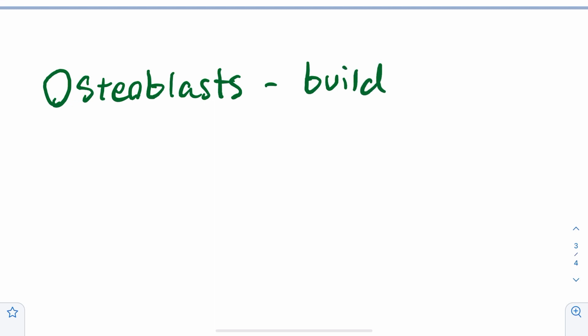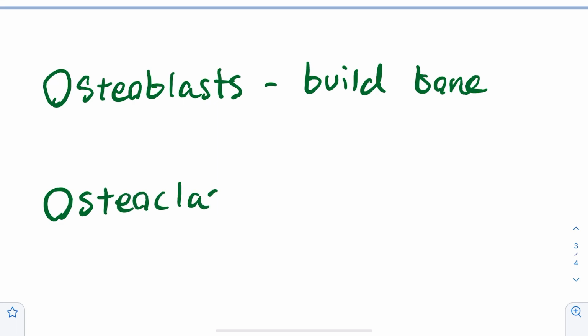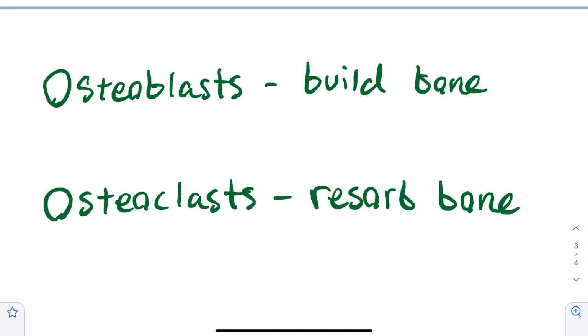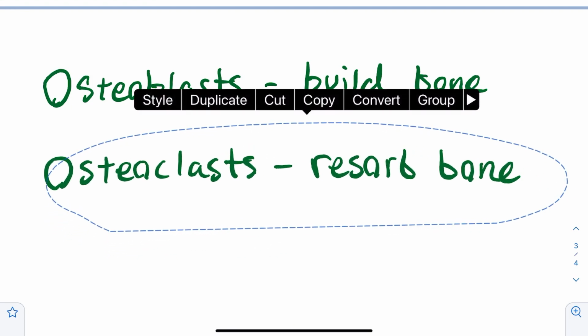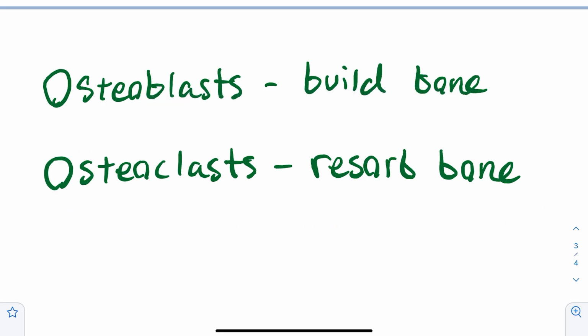Blasts build bone. Osteoclasts are going to do what we call resorbing bone. One mnemonic that I've heard people use is osteoblasts build bone, osteoclasts claw at bone.